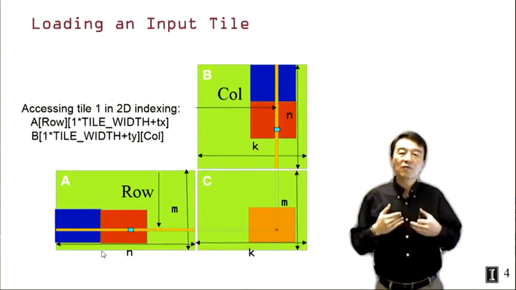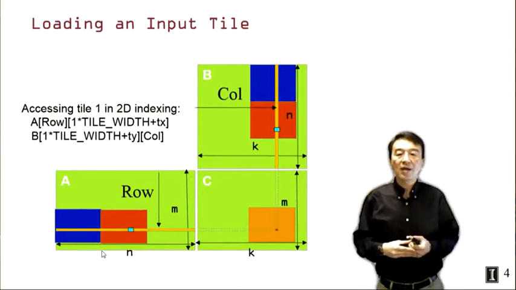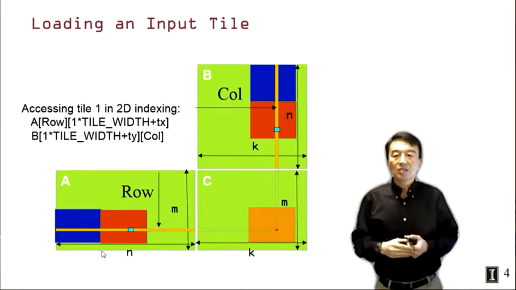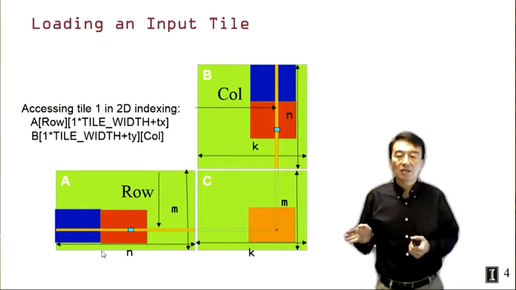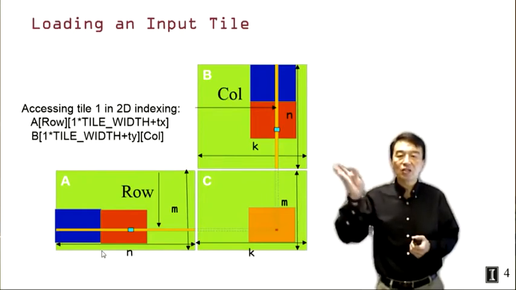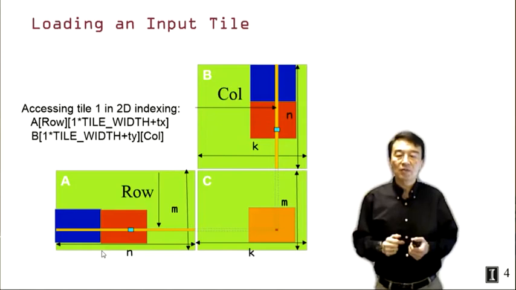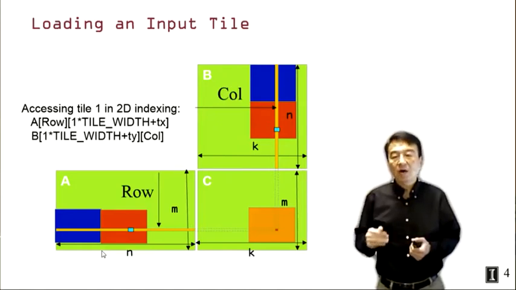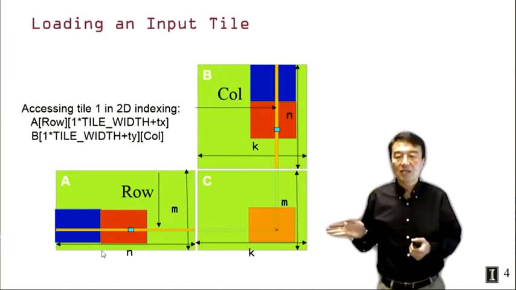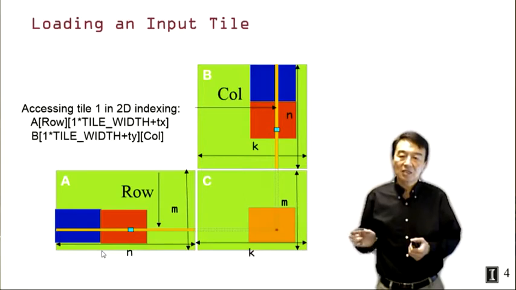When we move to phase 1, we're going to load tile 1 of A and tile 1 of B. If we look at the position of the blue dots that need to be loaded into the shared memory, we see that the Y position of the blue dot remains the same as the previous tile. However, the X position of the blue dot has advanced by a full tile width.